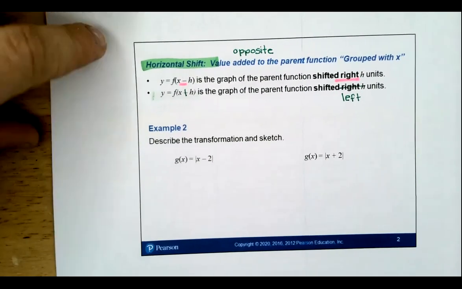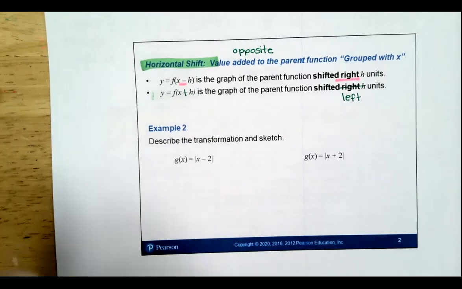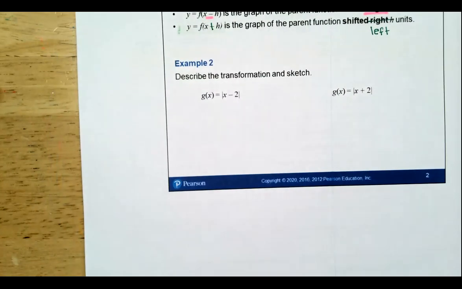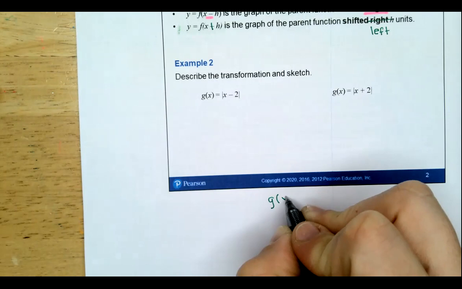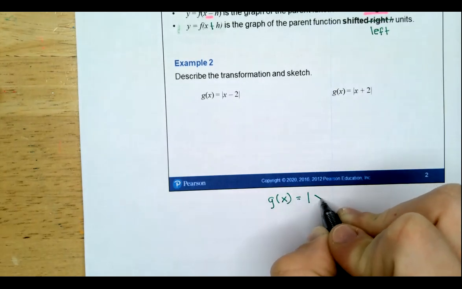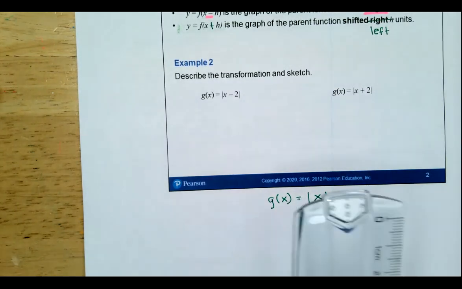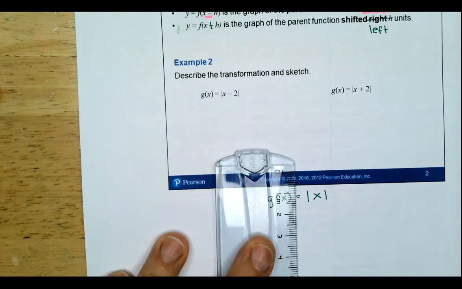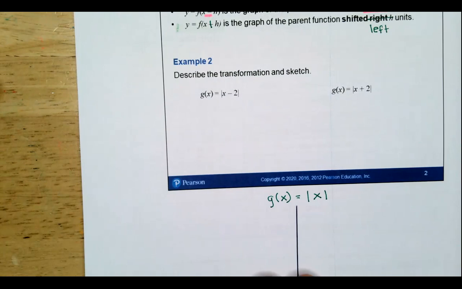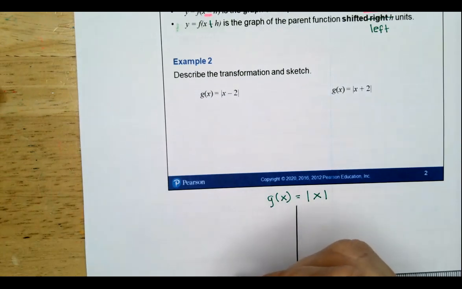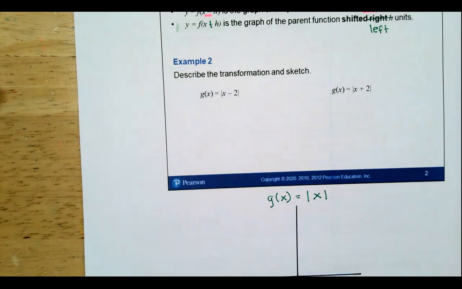Good? Okay, so our parent function here is the absolute value of x. And from 3.4, we know what the absolute value of x graph looks like. Again, we don't need negative y's.